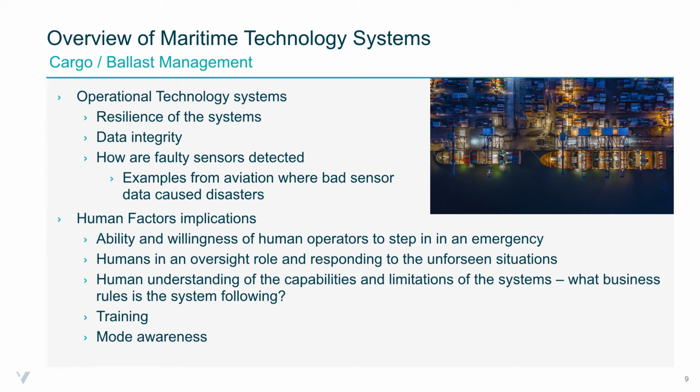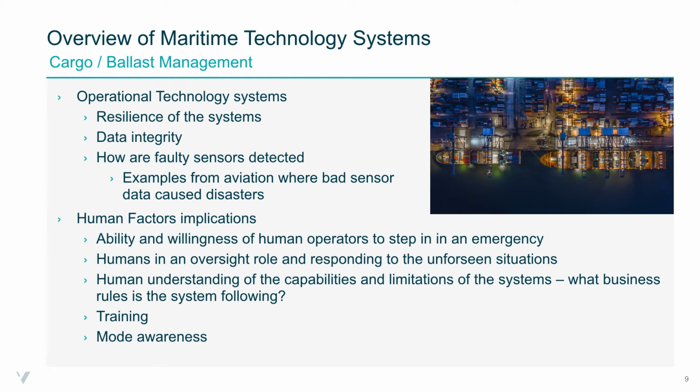However, it in fact just changes. There's still that high level of understanding required, but the human is actually performing a slightly different role of monitoring the system rather than actually taking the minute by minute operational decisions.